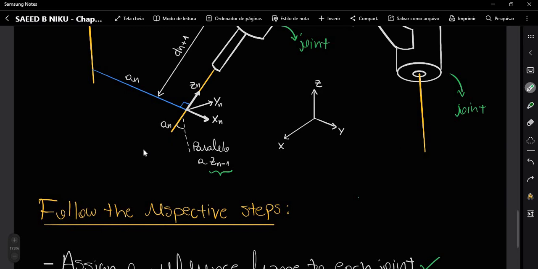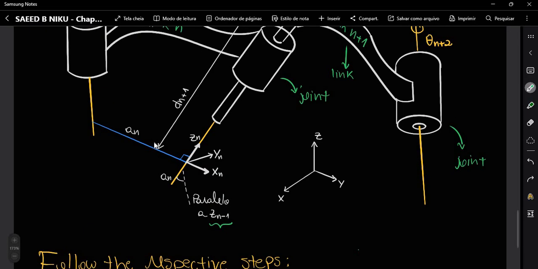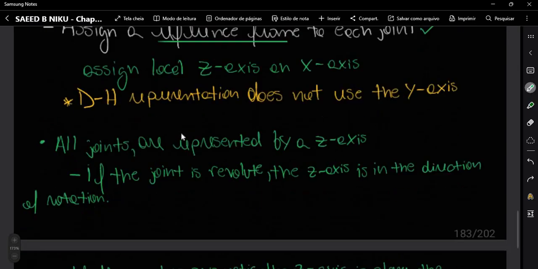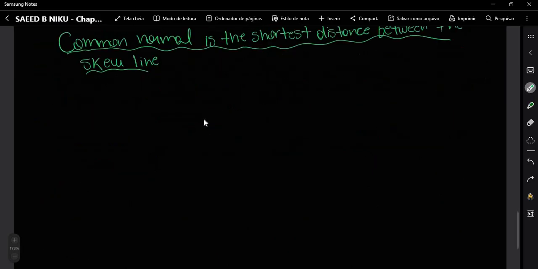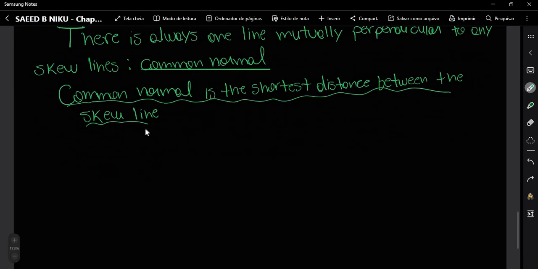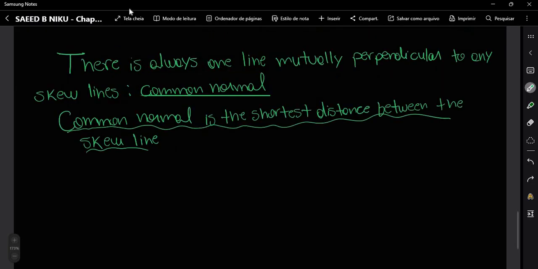It is perpendicular and is the shortest distance between these scale lines. Okay, and let me put dots right here, and we got more.